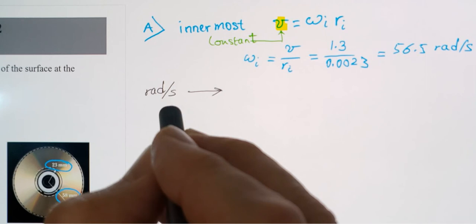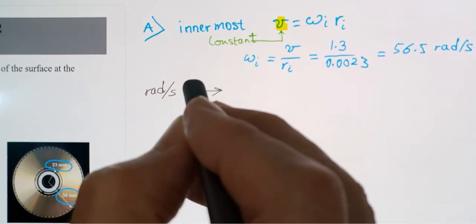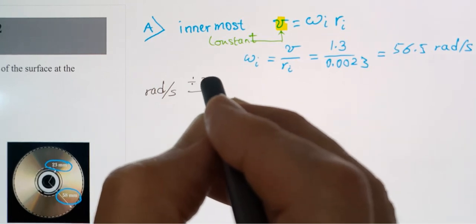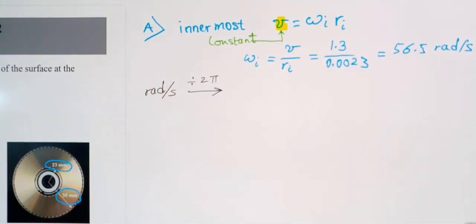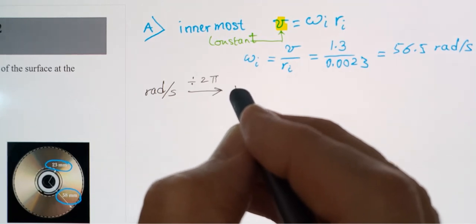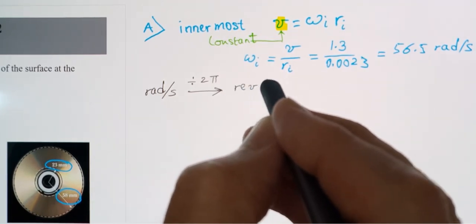Radian per second. First of all, we convert it into revolution per second. So we divide over 2 pi. This will convert it to revolution per second.